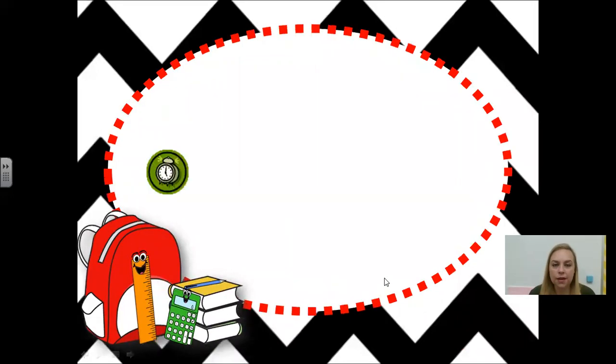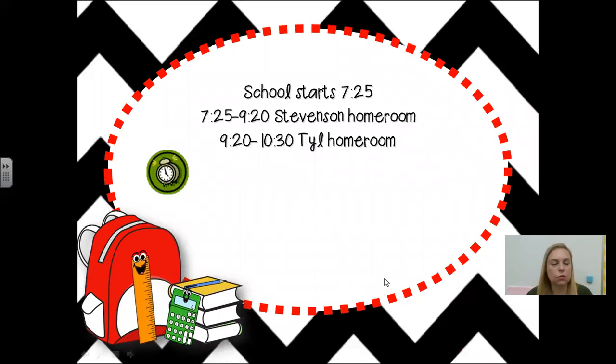Some important times that you need to know: our school starts at 7:25. So if they are not here by 7:25, they're going to be missing instruction. The tardy bell rings at 7:40. So after that point is when I would put them into the system as absent or late. And it's important that they get here at this time, because this year is so different than any other year.